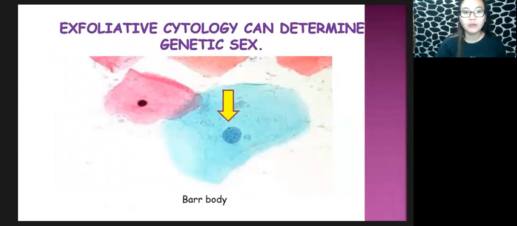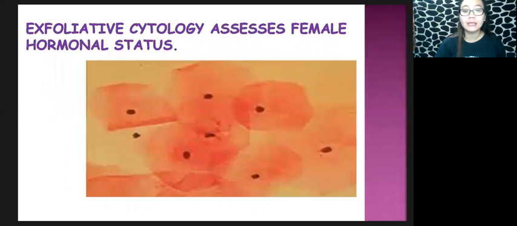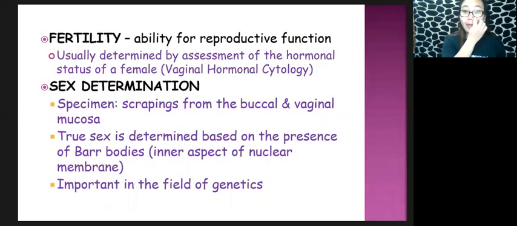Barr bodies are only exhibited by females because of the presence of the 2 X chromosomes. Your sex chromosomes are X and Y for males, and for females, we have 2 X's.